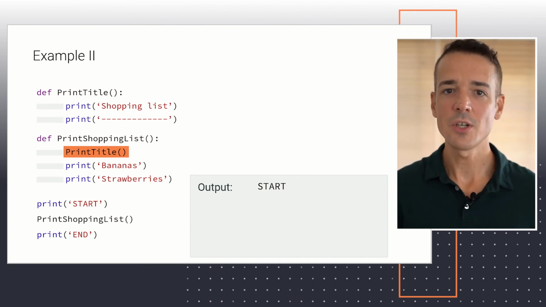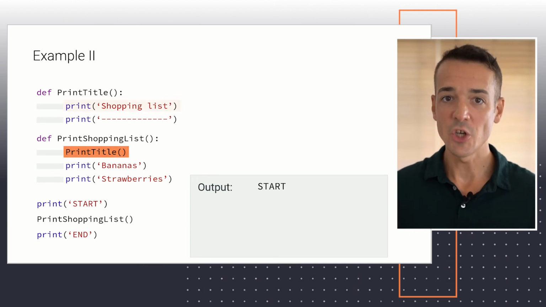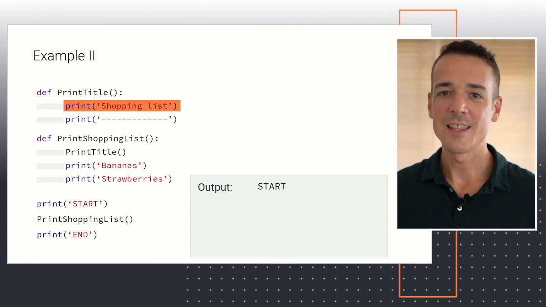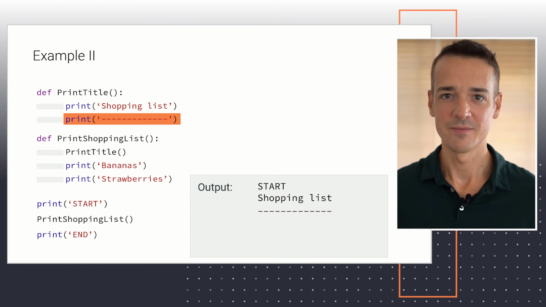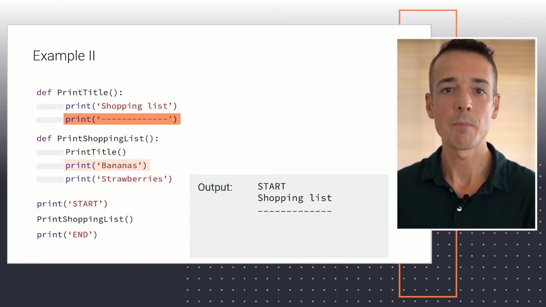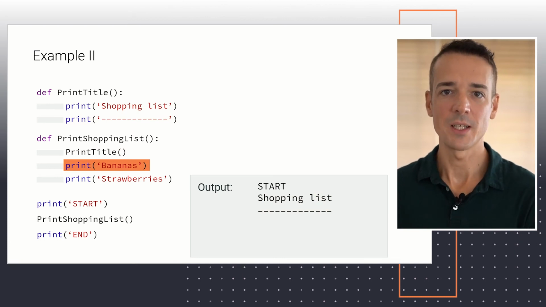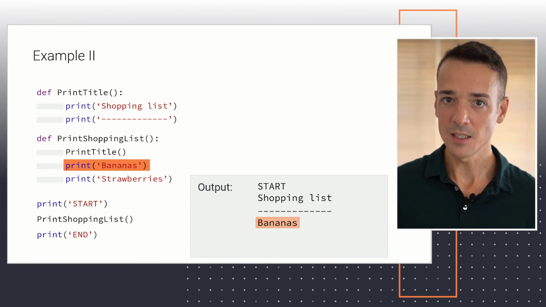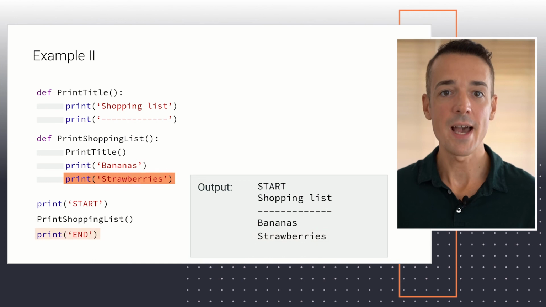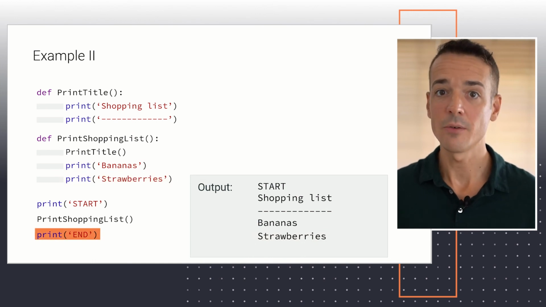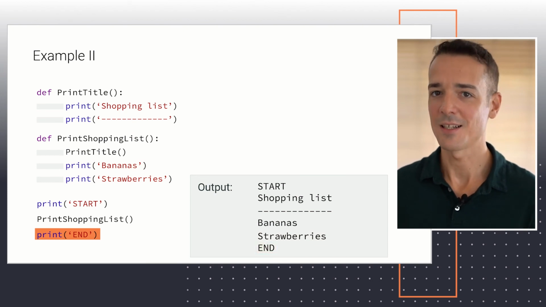The first line in the function is itself an invocation to function print title, so the next step is jumping to that function. The code in print title prints shopping list and a horizontal line. When the function ends, control is transferred back to the line following the call to print title within function print shopping list. This code prints bananas and then strawberries. This function ends here, so control is transferred back to the main program at the line of code following the invocation to print shopping list. The main program prints end and exits.